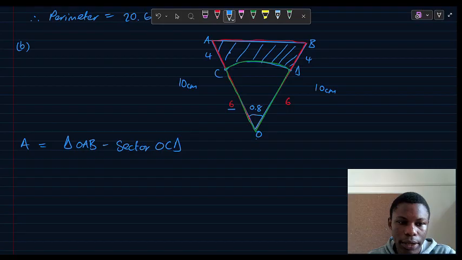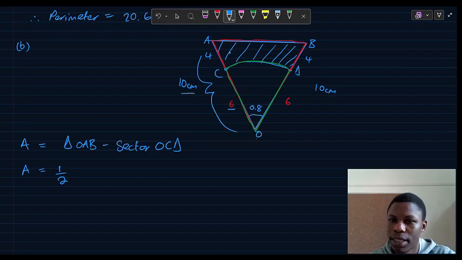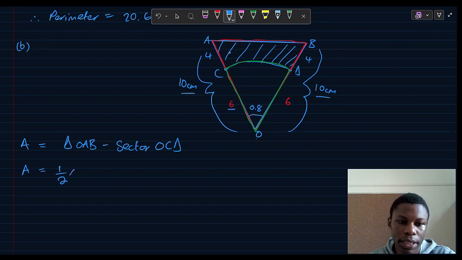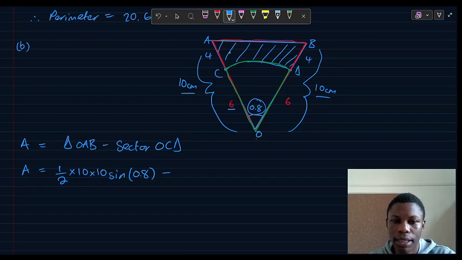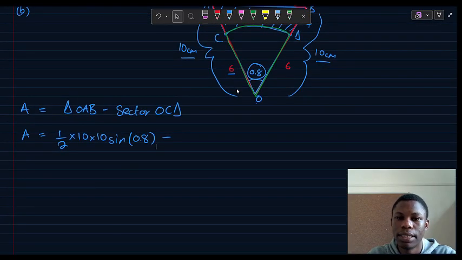So to get the area of a triangle, the formula we want to use is half ab sine C. In our case, a is going to be this whole side, which is 10 centimeters. b would be this whole side, which is also 10 centimeters. So half times 10 times 10 times sine of the angle between those two lines, which is 0.8, minus sector OCD.